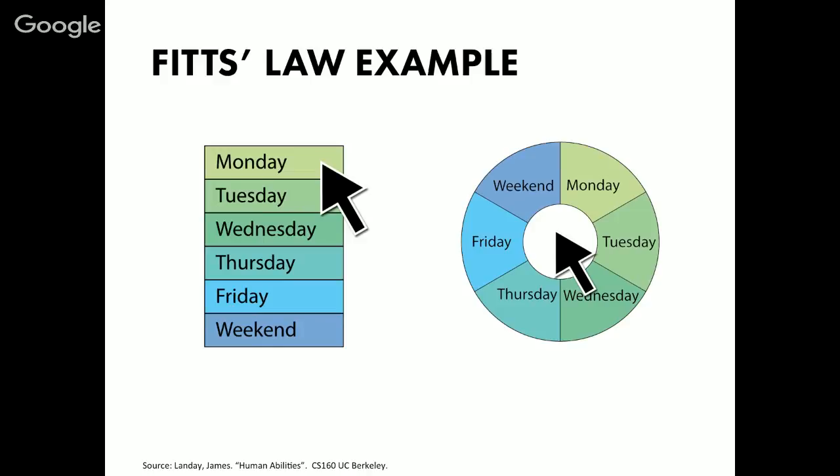Whereas in a pie menu, once you pull the menu up, the distance to every single selection is the same. So exploiting Fitts' law again, all of these become much easier to select. How many people have encountered pie menus before? Yeah, okay. They are pretty important and they give you a lot of advantage when you can use them.